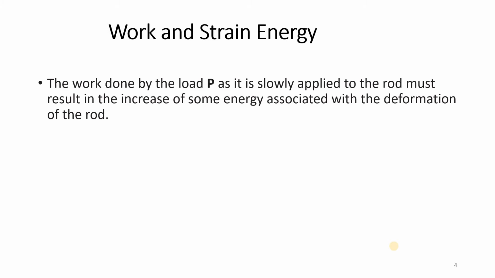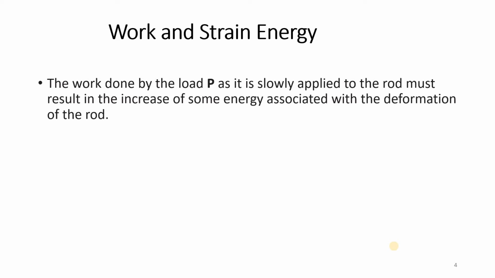Now, work is related to strain energy. Let's see the relationship between work and strain energy. When the load P is slowly applied to the rod, it pulls on the rod and induces energy into the rod because of its deformed shape.